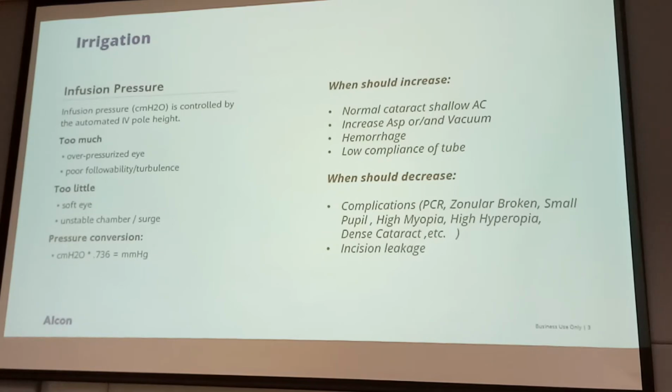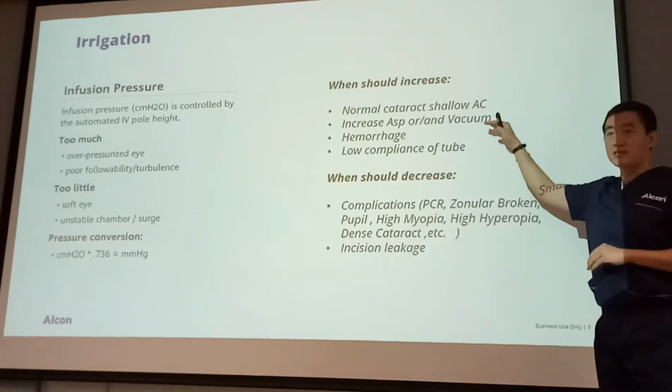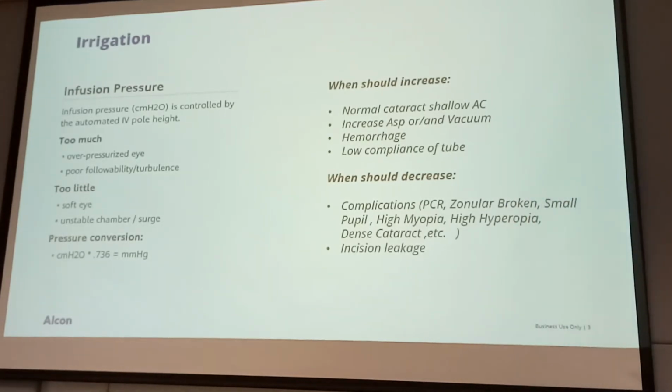For example, if you're facing a shallow AC, we need to increase the irrigation to make the AC deeper. The higher the bottle height, the deeper the AC. The more pressure in the active bag, the deeper the AC, right?